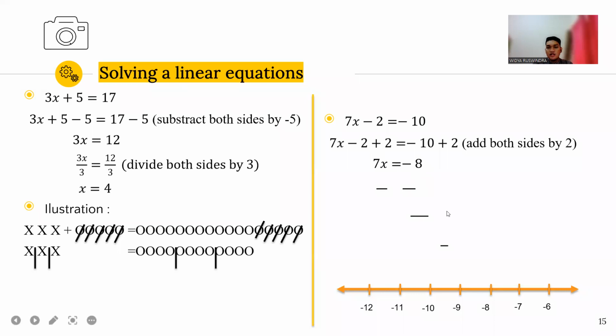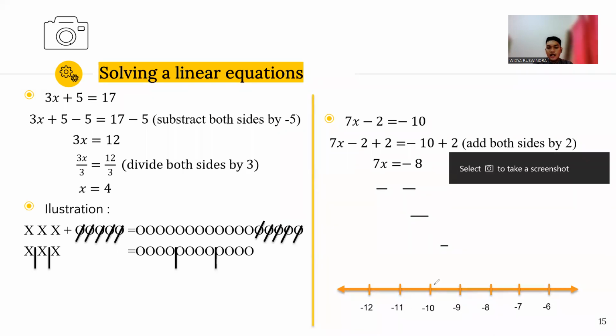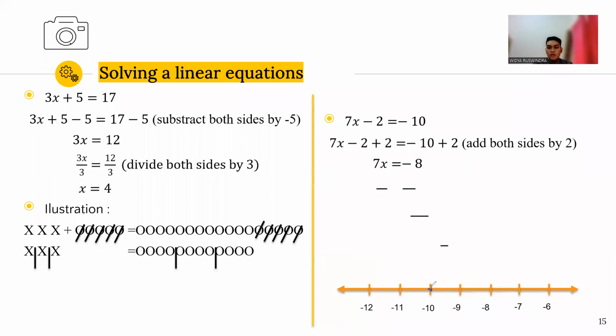This is a number line, and let's say this is minus 10 plus 2. So we move 2 steps to the right, 1, 2. This is why minus 10 plus 2 is minus 8.